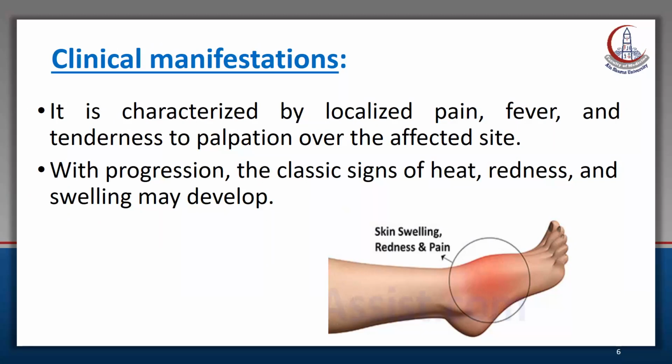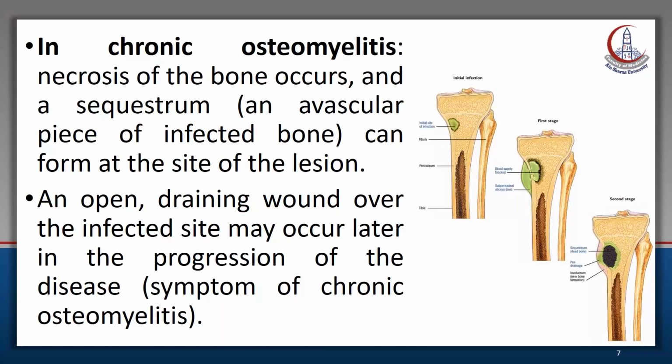The clinical manifestation of osteomyelitis is characterized by localized pain, fever, and tenderness to palpation over the affected site. With progression, the classic signs of heat, redness, and swelling may develop. These are the classical signs of infection or inflammation. In chronic osteomyelitis, necrosis of the bone occurs and a sequestrum is formed.